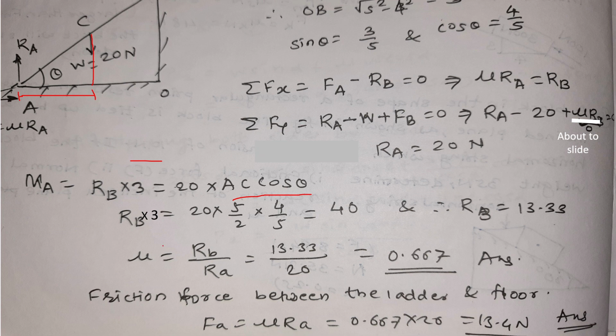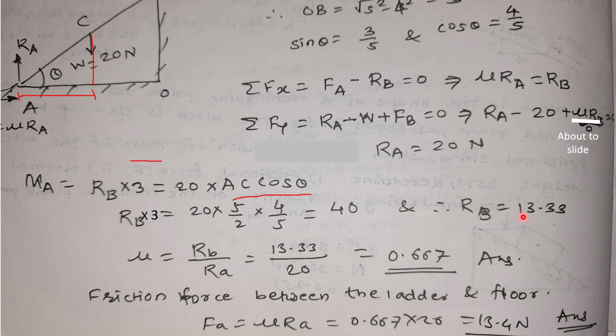Replacing the values of AC and cos theta, what do we get? Rb into 3 is equal to 20 into 5 by 2, that is AC 5 by 2, and cos theta is 4 by 5. We have already written the values, it is equal to 40. So after doing the calculation, Rb into 3 is equal to 40.